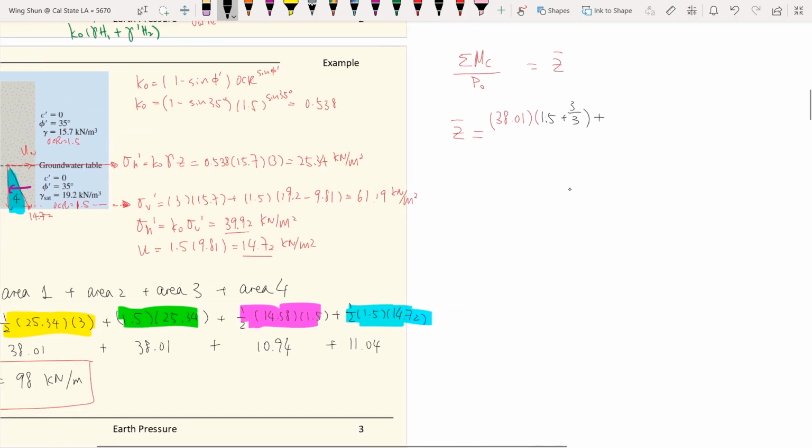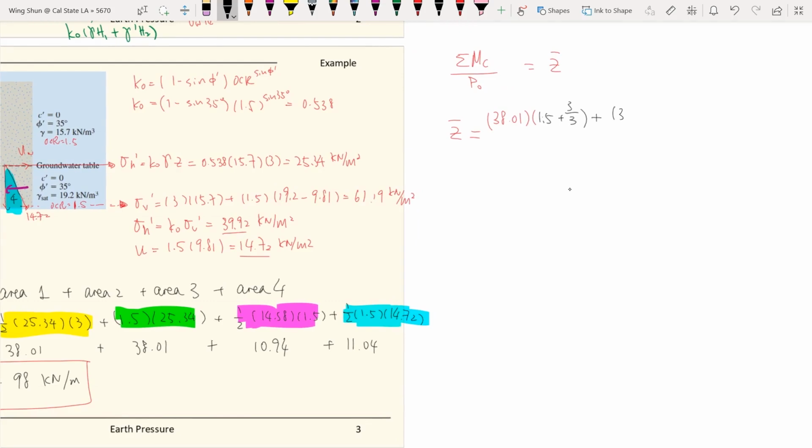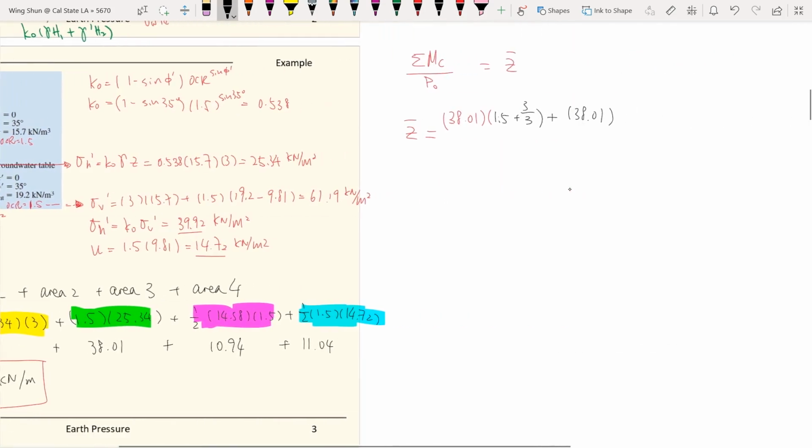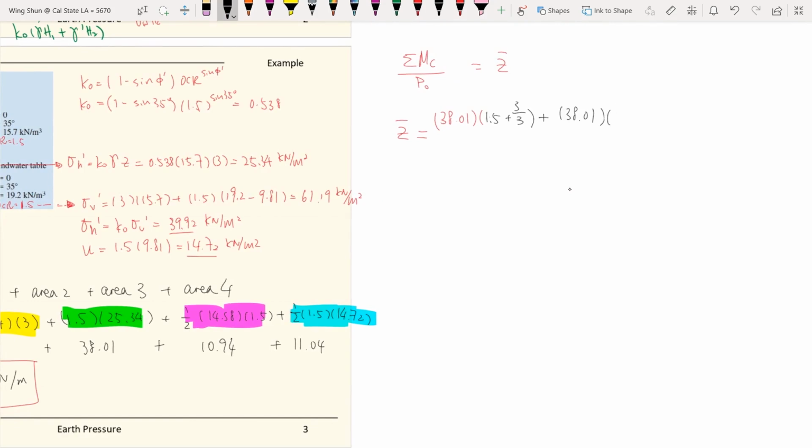Likewise, for the second area the force is 38.01, and this is a rectangle, so the center is located at half of the height, 1.5 divided by 2.